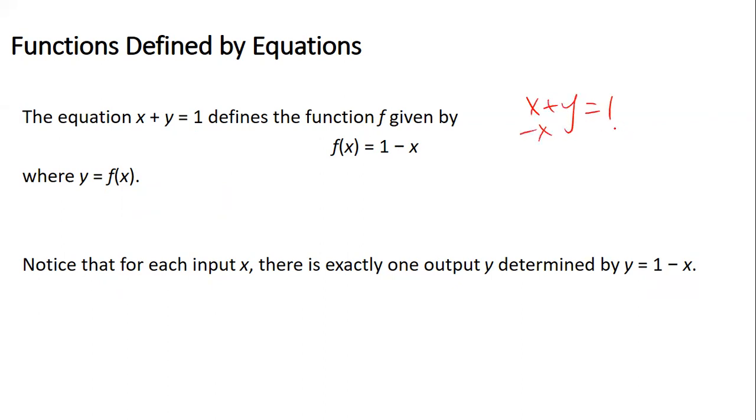I subtracted x from both sides. And I'm left with y equals 1 minus x. That means that it can be represented as a function, that this is a function. And that's because there's only 1 output for the input. Okay.